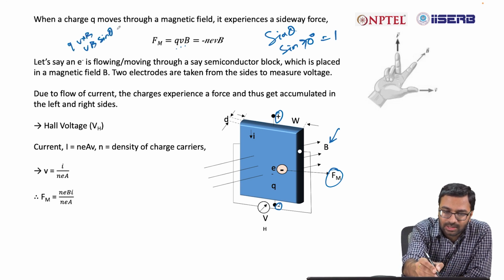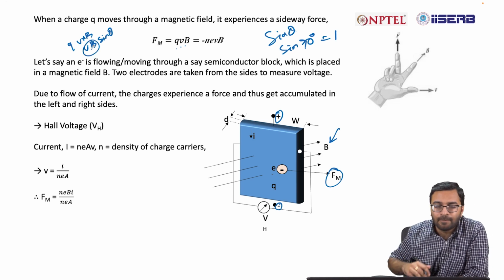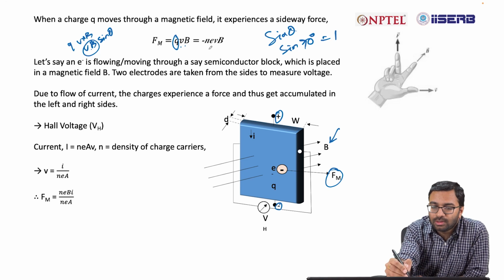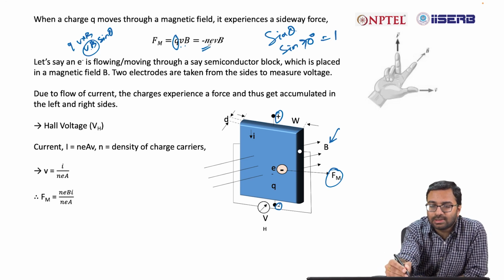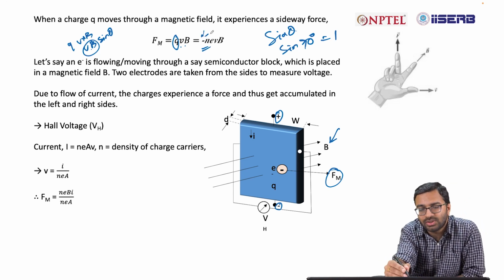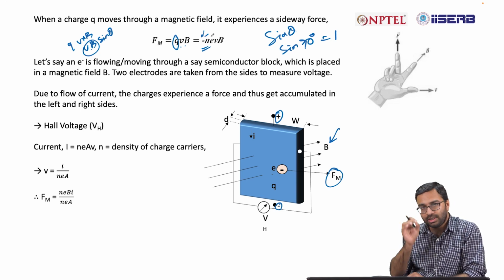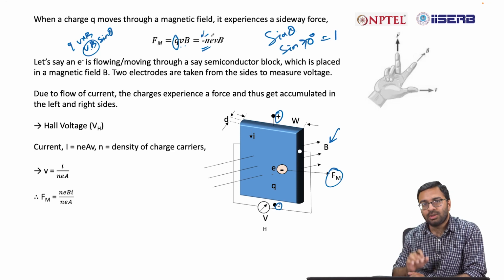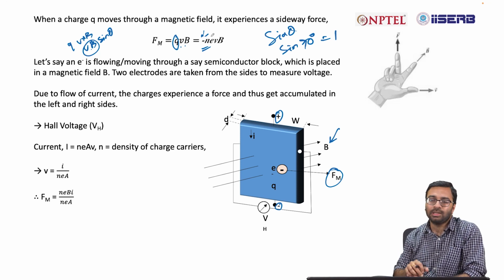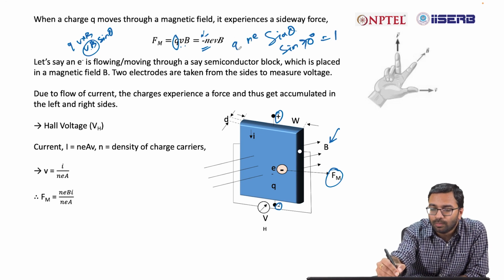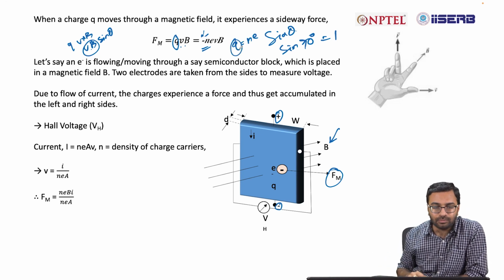Here theta is 90 degrees because it's perpendicular, so it's like QVB. Now Q can be replaced by N into E, where N is the number of charges, E is the magnitude of charge for each charged particle. So N into E is equal to Q, total charge, right?